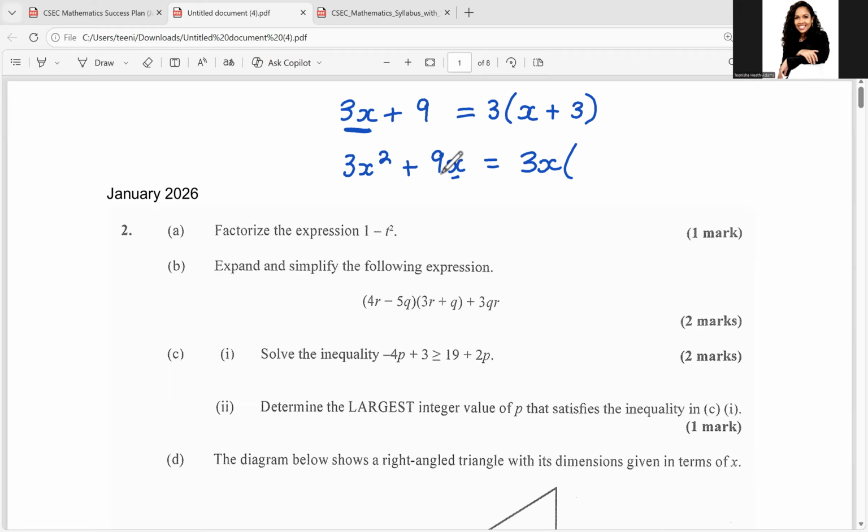You ask yourself, what would I multiply 3x by in order to get 3x squared? Well, you'll multiply it by x. And then what would I multiply 3x by to get 9x? Well, I'll multiply it by 3, right? So I hope that rings a bell for you. To factorize means that you find a common factor among the terms and then you take it out and use the distributive law to rewrite it.